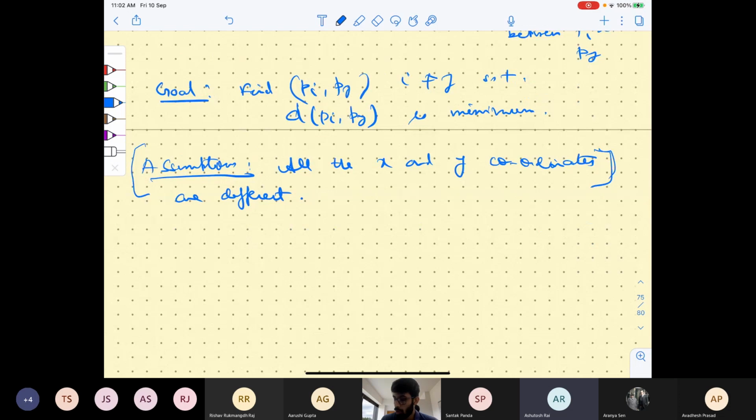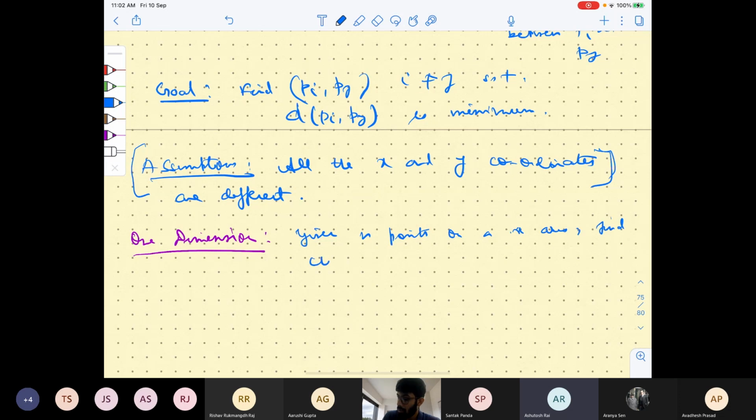So we want to solve this problem: given a set of n points, we want to find the closest pair. Before we get into the two-dimensional case, let's look at one dimension. Given n points on a line, or just on the x-axis, find the closest pair. How can we do that?